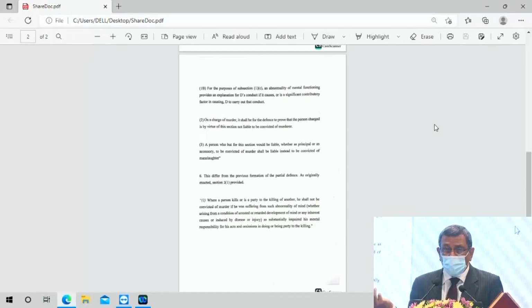Cumulative provocation, I'll give you an example: there was a case of a woman who had been resorting to infidelity, and the husband had been seeing this for years and years, and he tolerated it for a long time, but finally it came to a climax, and then he resorted to violence in a Badulla area. This is a reported case in Sri Lanka, and he killed that woman.